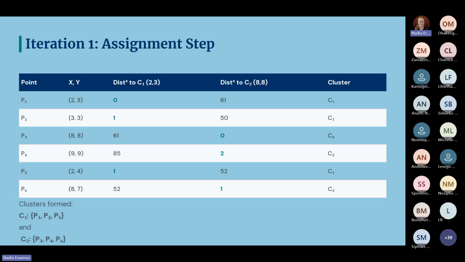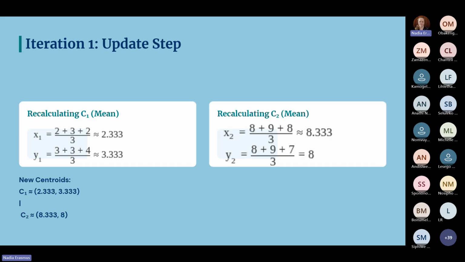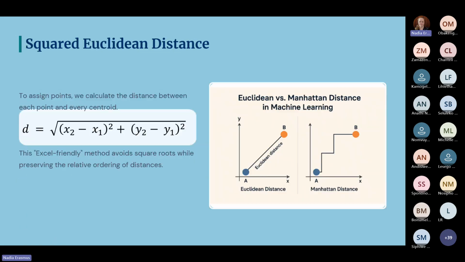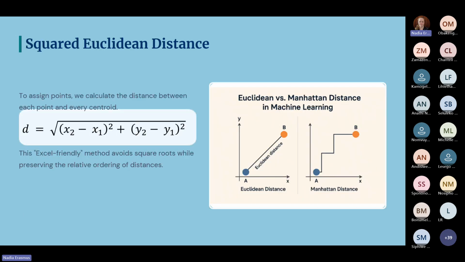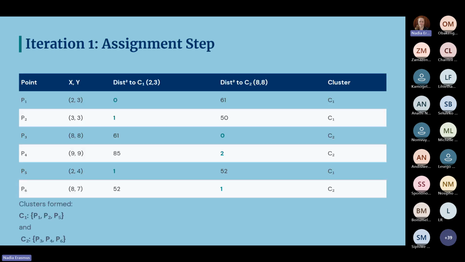So you're going to calculate the distance, and we're going to use this formula. It's the centroid x minus the x given, so it's 2 minus 2, and then we have the centroid y minus the y given, so it is 3 minus 3, which is 0.